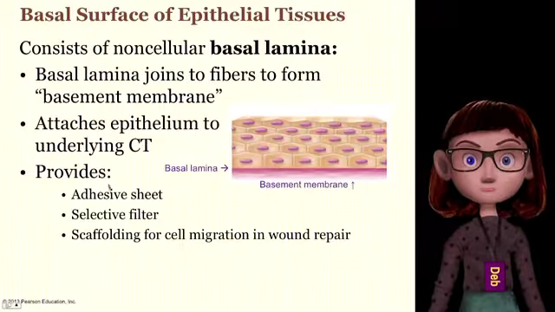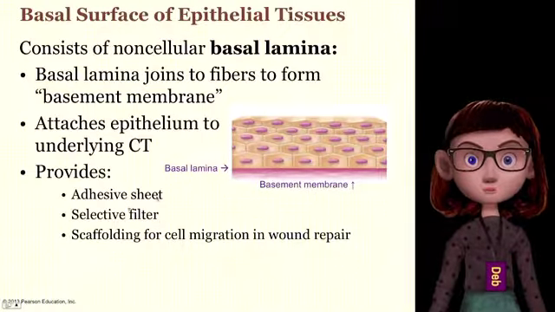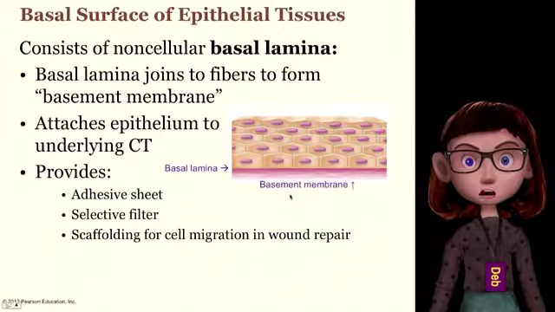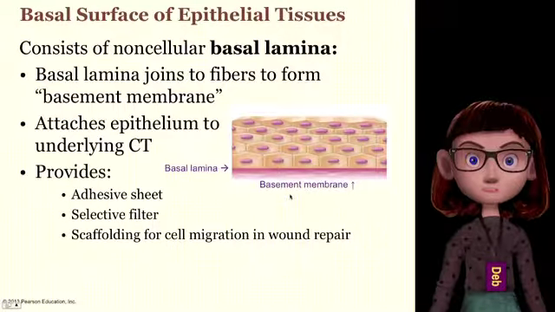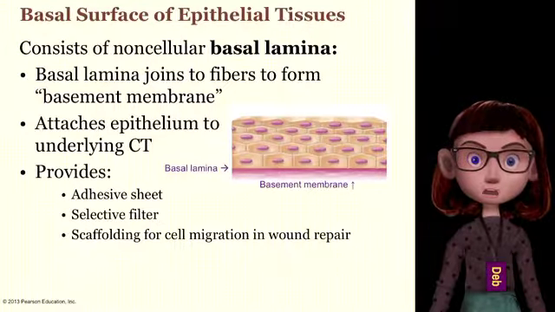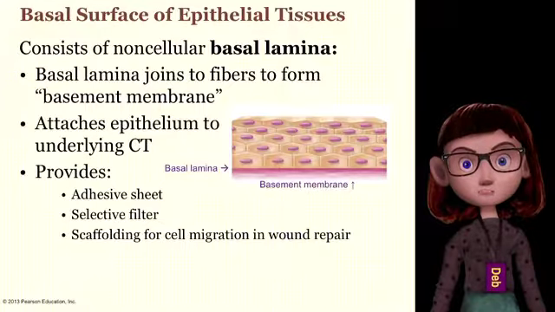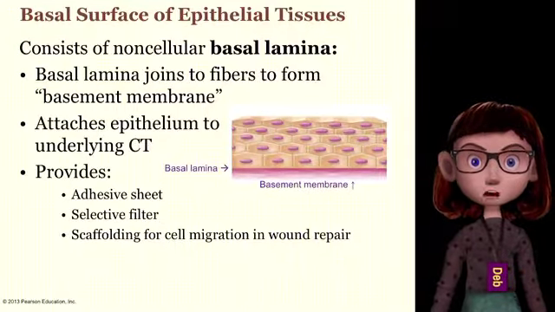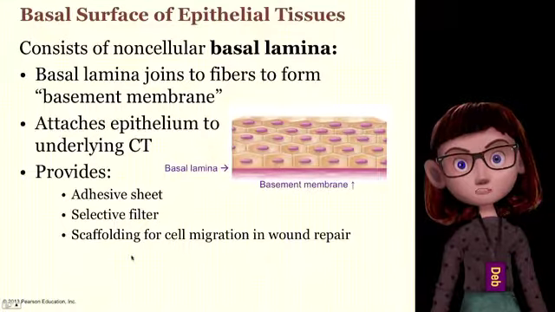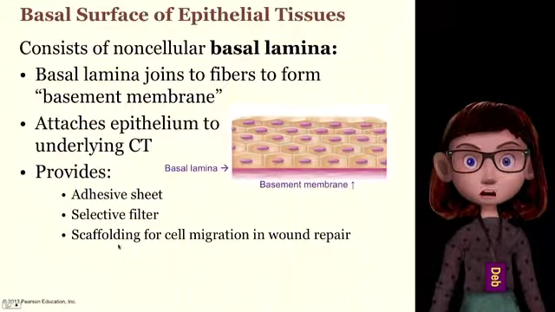The basal lamina provides an adhesive sheet, a selective filter, and it provides a scaffolding for cell migration in wound repair. If you've ever wondered why, if you get a scrape on your skin and it looks really nasty and it's got a big scab on it, after a while, if it's allowed to heal properly, pretty soon those epithelial cells will just continue to fill in that wound and will assume the shape that your skin was prior to the injury.